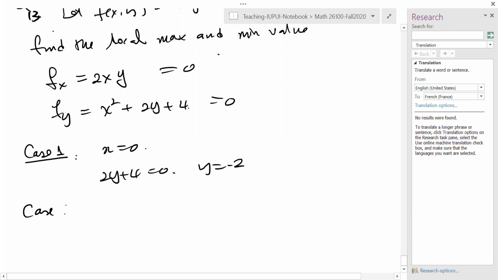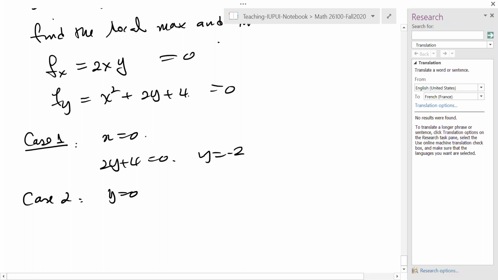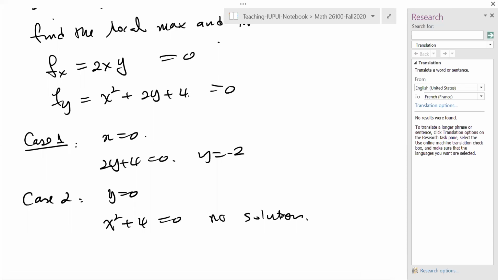Case 2: y is 0, so the first equation is always satisfied. In that case, x squared plus 4 equals 0, which has no solution, because x squared cannot be negative.